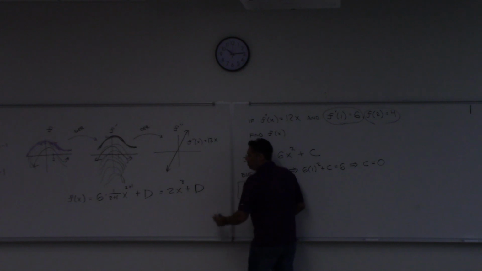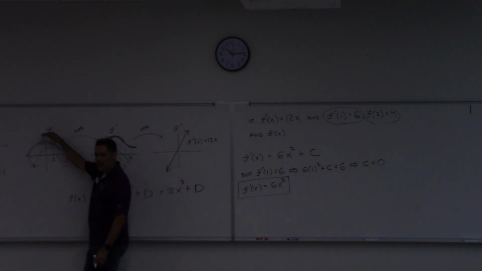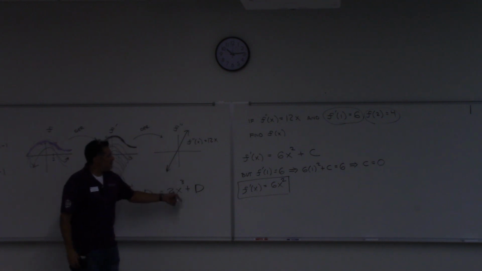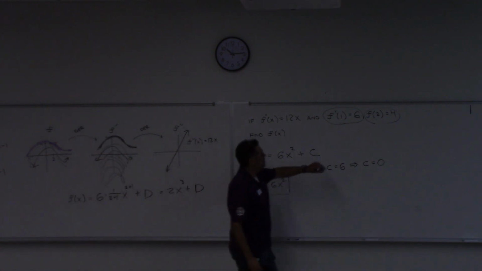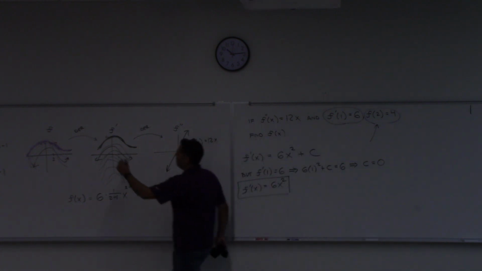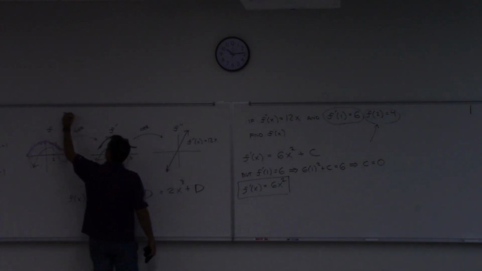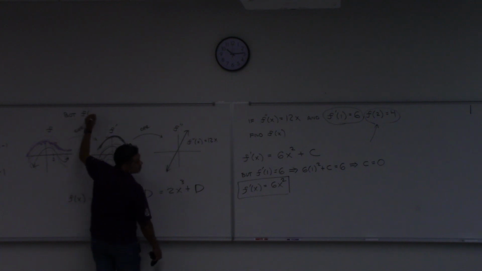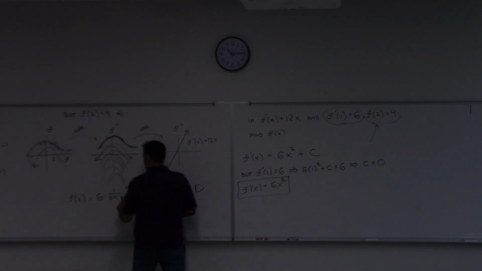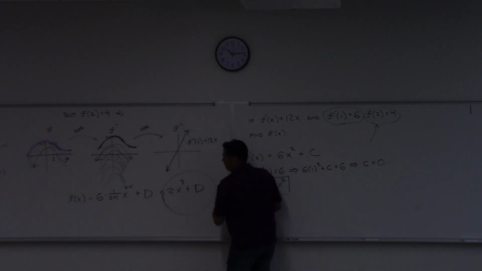Now I almost know, right? I almost know what f is. I've got the family. It's a bunch of cubic functions. So to find d, I'm now going to use this information right here. But f of 2 equals 4. But that implies that when I plug 2 into this, I should get 4.